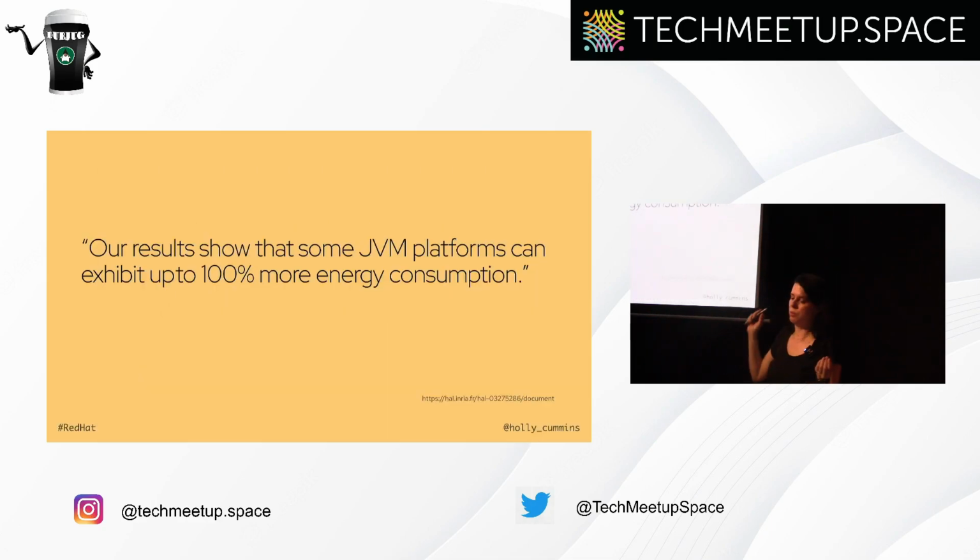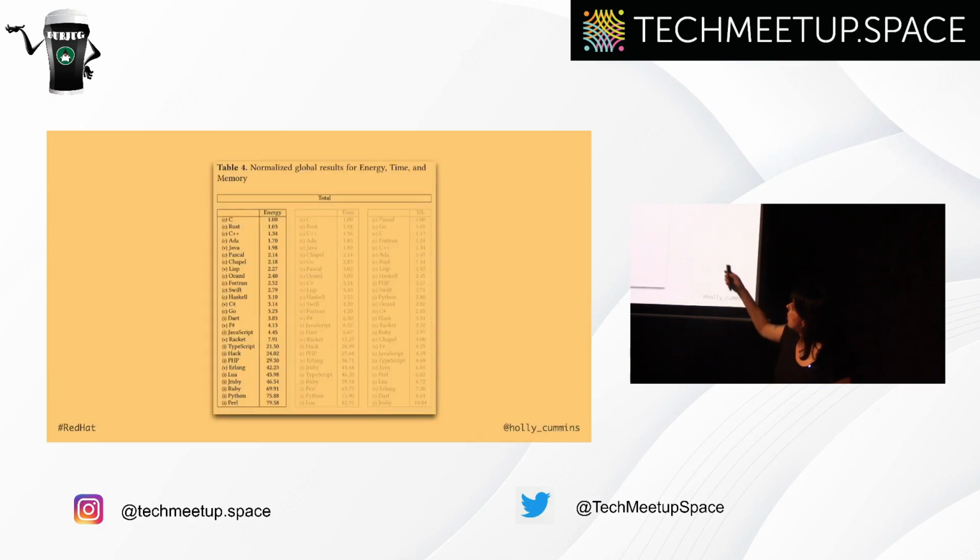What was interesting was that they said they could change the energy efficiency by 100% based on their choice of JVM and their choice of JVM parameters. So that means, going back to there, Java is half as efficient as C, but there's a factor of 2 in Java. So probably with the right tuning, we could make Java even more comparable to C while still being as delightful as Java.